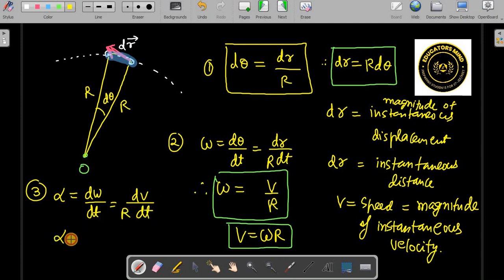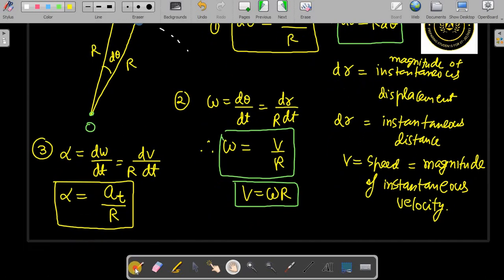Now what is dv by dt? dv by dt is the rate of change of instantaneous velocity at that point, which is called tangential acceleration, divided by r. So from here you may also write tangential acceleration is equal to r alpha, isn't it?